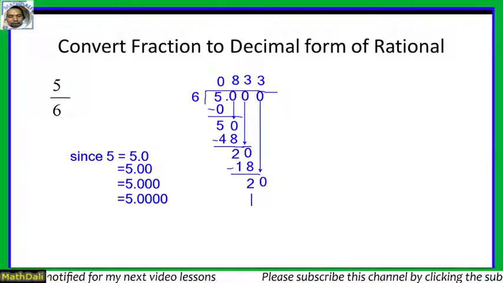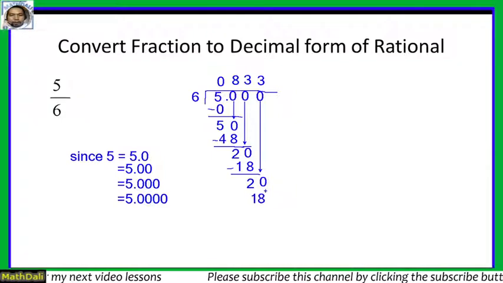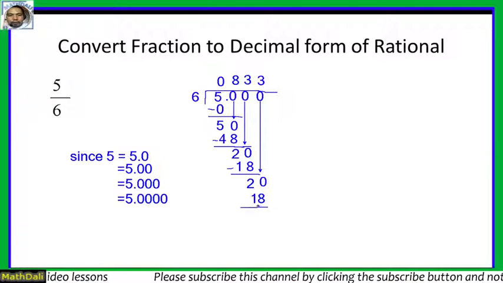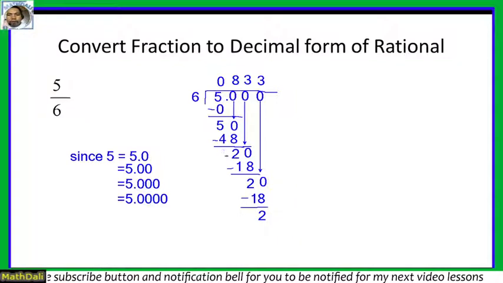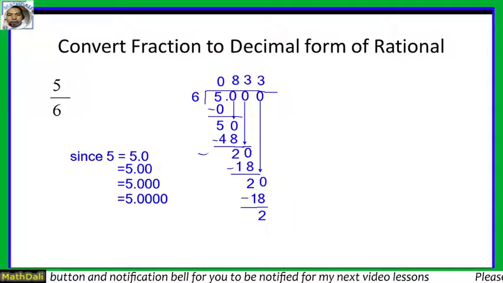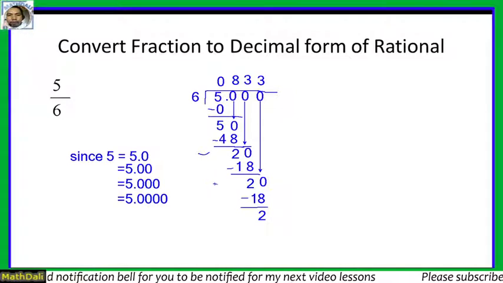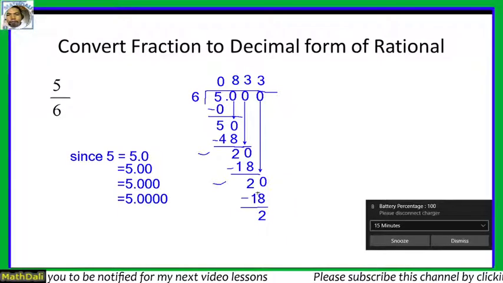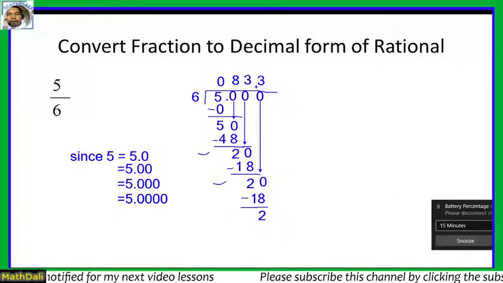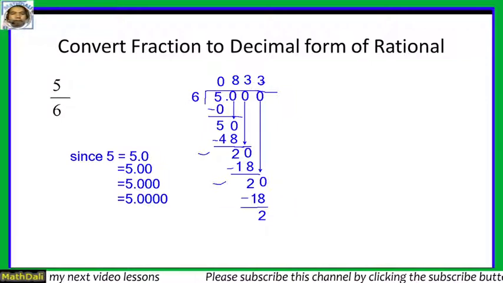Lagay natin dito. Product, that is 18. Subtract natin. 20 minus 18, that is still equal to 2. Ayan. Kung mapapansin ninyo, paulit-ulit na lang yung ating sagot dito. Naulit na lang yung decimal natin na 3. So, ayan. Pwede na tayo mag-stop dyan.